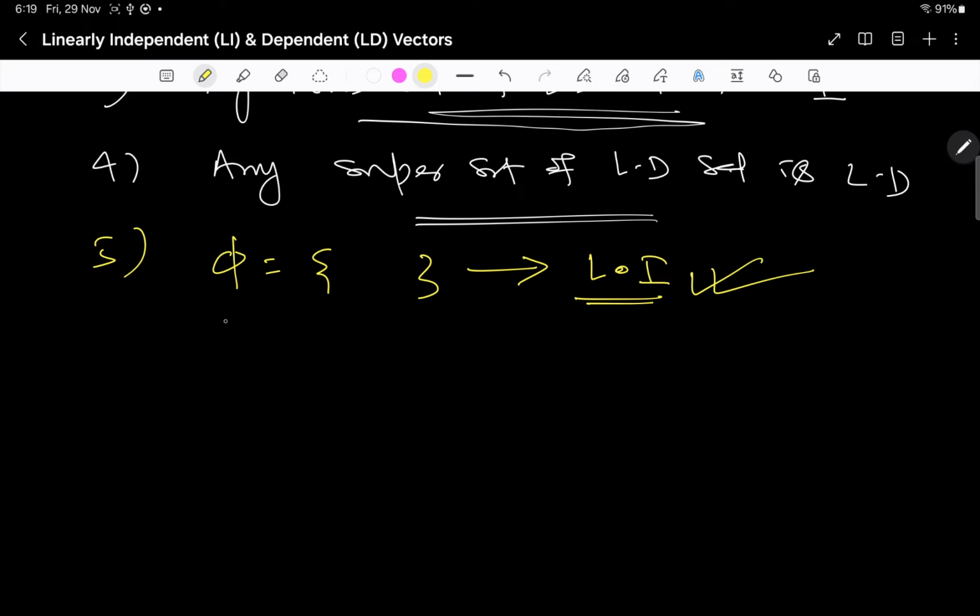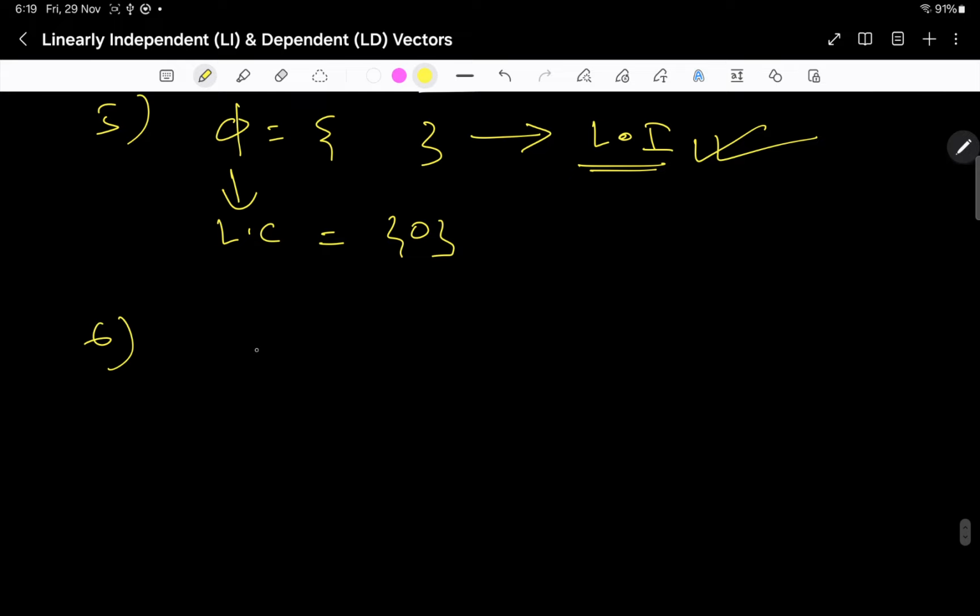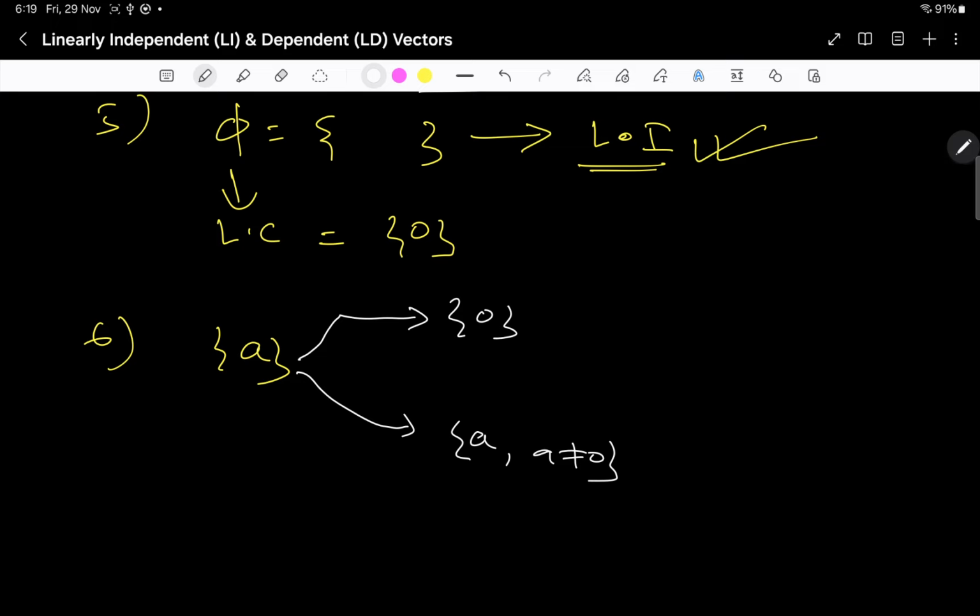If at all I think of the linear combination of phi, then it has to be like this. Now coming to what about a singleton set? Suppose you are given a singleton set. If the singleton set is 0, and if it is A itself and A is not equal to 0, then it is always linearly independent.